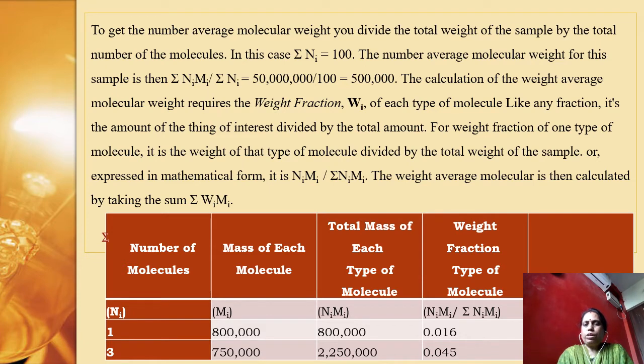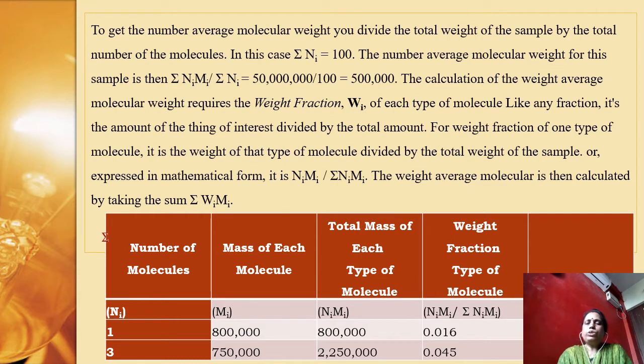The average molecular weight from this sample is given by the formula summation of Ni into Mi by summation of Ni. Now the summation of Ni is 100 and the summation of Ni into Mi, which you have seen in the previous tabular column, goes to the amount like this. Now dividing this amount by 100, we get the answer as 500,000.